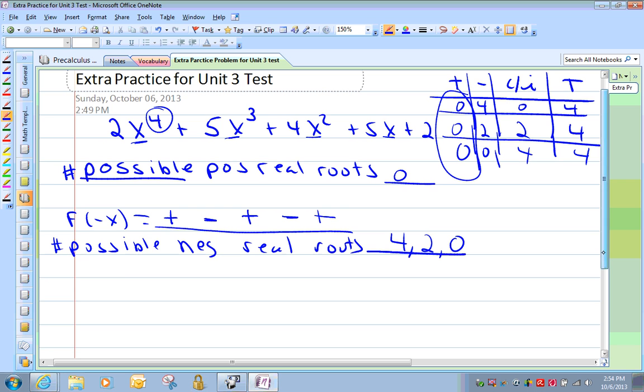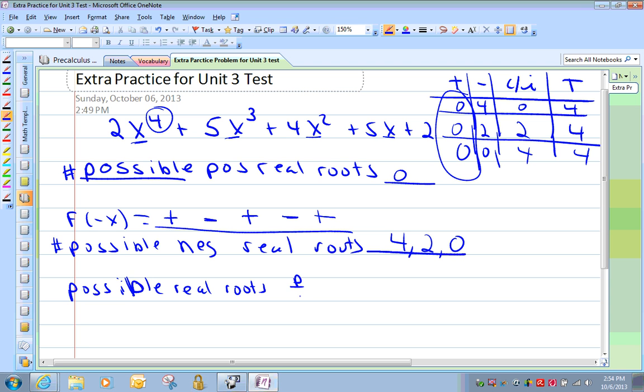All right, the next thing I want us to find are all possible real roots.